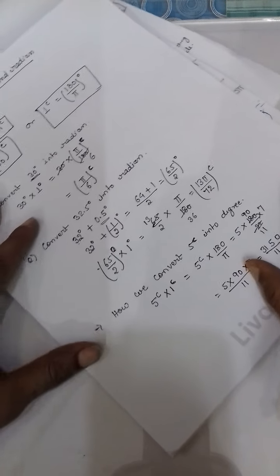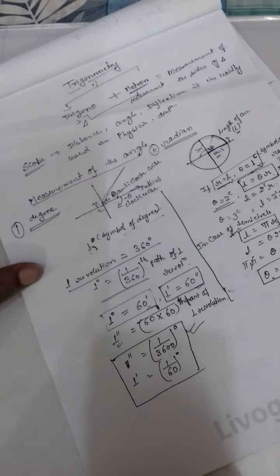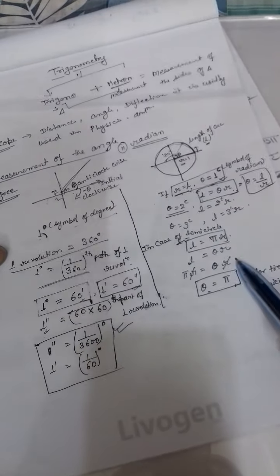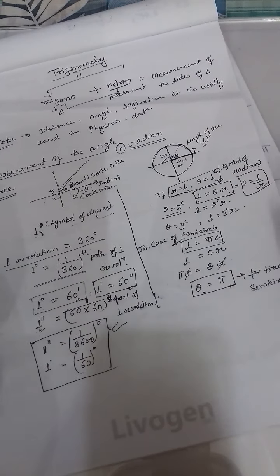Okay students, now we see both the things: how trigonometry comes, what is the degree concept, what is its radian, how we calculate the radian.